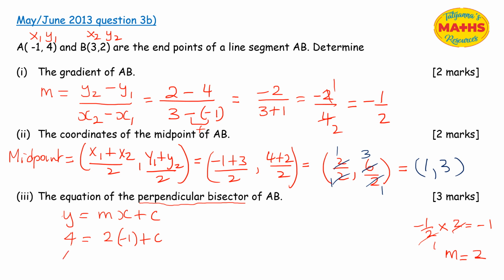So that'll be 4 equals -2 plus c. So that's 4 plus 2, that means therefore c is 6. So the answer is y equals 2x plus 6. Right, that's for 3 marks.